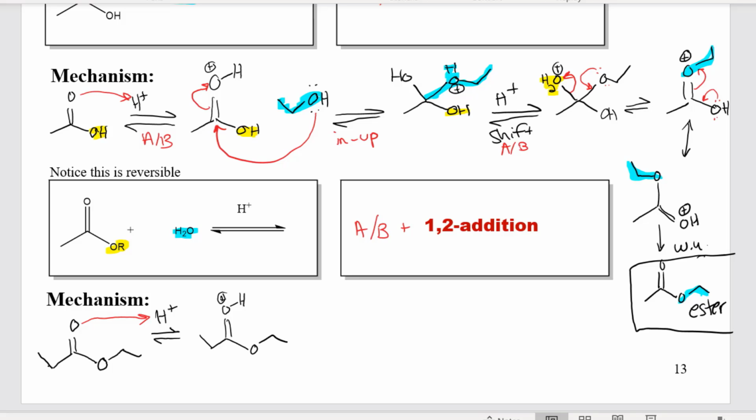Carbonyl activated, acid-base chemistry. I'm now ready for my in and up. What am I driving on? I'm driving the water on. So the water is going to go in and up.